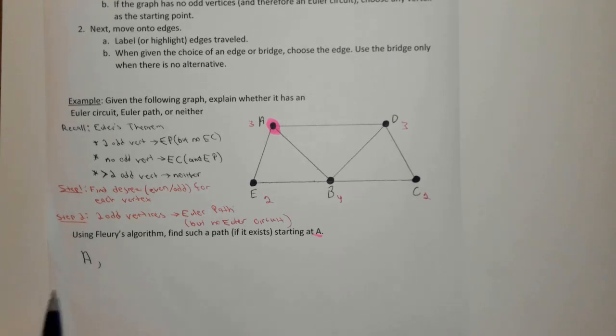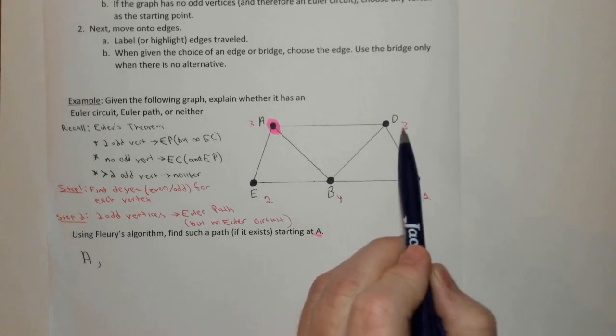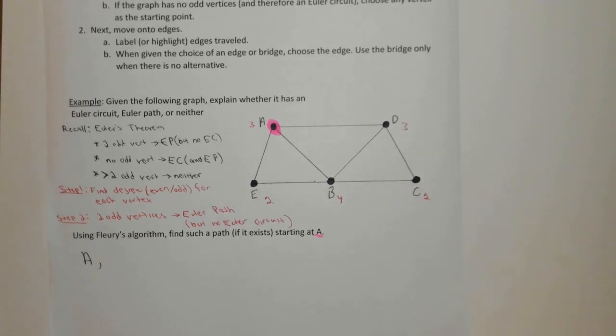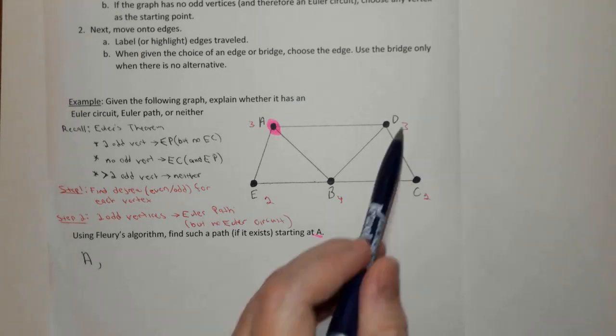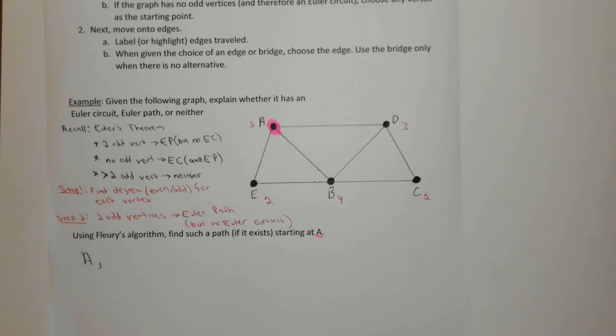So I've seen homework questions that are multiple choice, and I've also seen homework questions that are fill in the blank. If it's multiple choice, you can look for the options that are circuits and throw those away because you know it can't be a circuit. You also know it has to end at D because that's the other odd vertex. So if any of the options make a circuit or end at something besides D, you can throw those away.